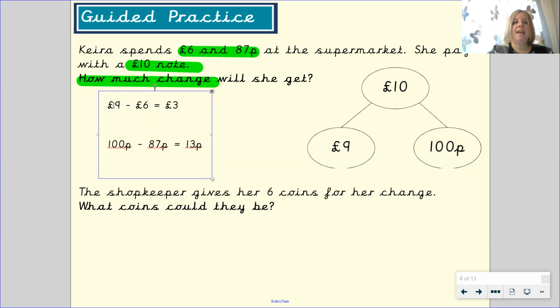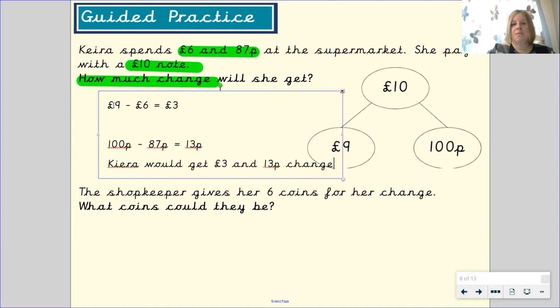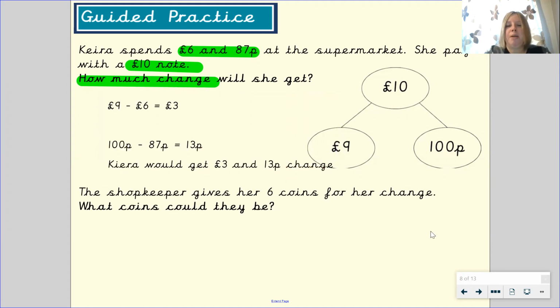So altogether, Kira would get £3 and 13p change. But we're not done yet with this problem. The shopkeeper gives her 6 coins for her change.